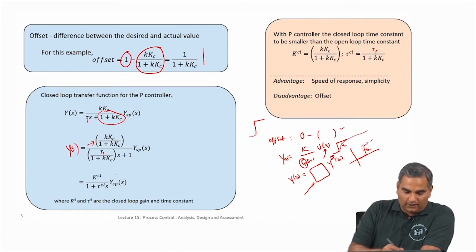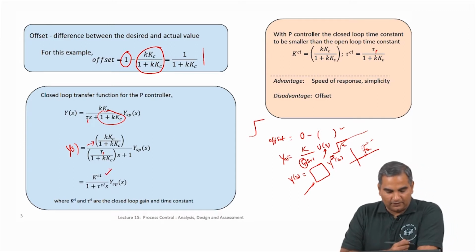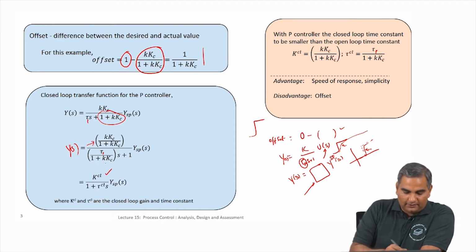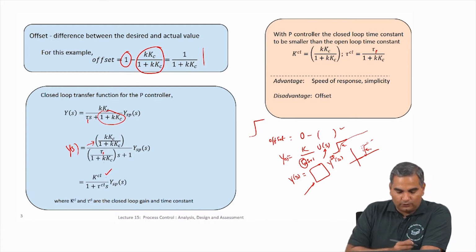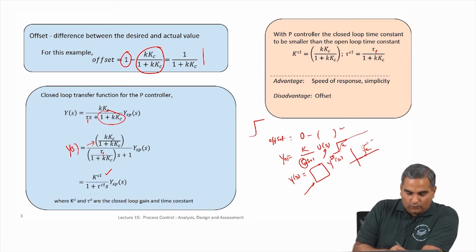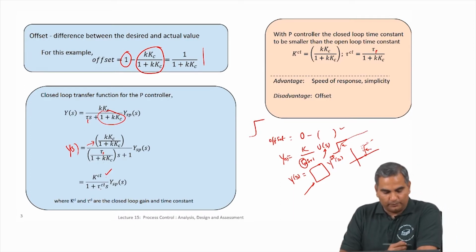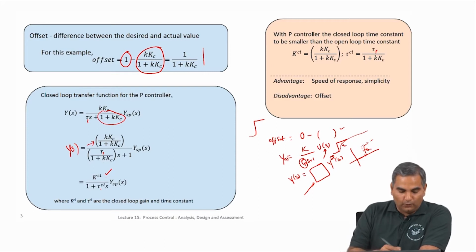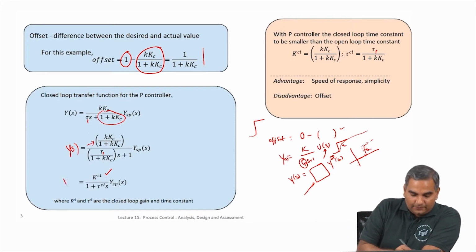Now this is a constant, let me call it the closed loop gain, and this I call the closed loop time constant, and then I will have this equation as 1 plus tau closed loop s. Okay. Now notice something interesting here.